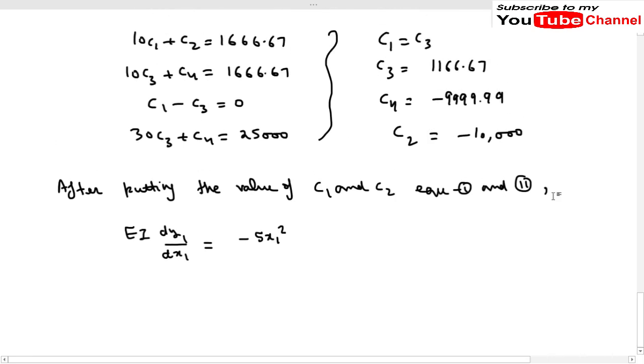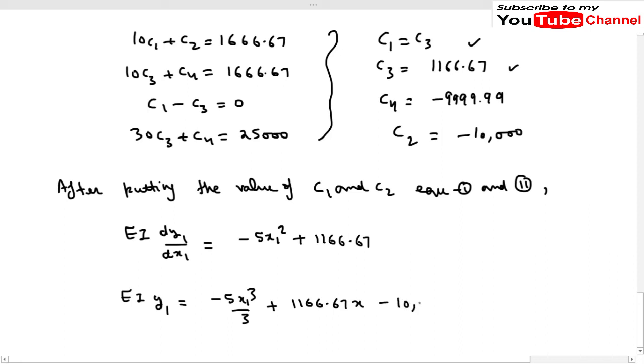C1 is equal to C3 and C3 is ultimately equal to 1166.67. So it will be 1166.67, and the other equation which we will get is for deflection. It will be minus 5x1 cube by 3 plus C1x1 plus C2, where C1 is 1166.67 and C2 is minus 10,000.